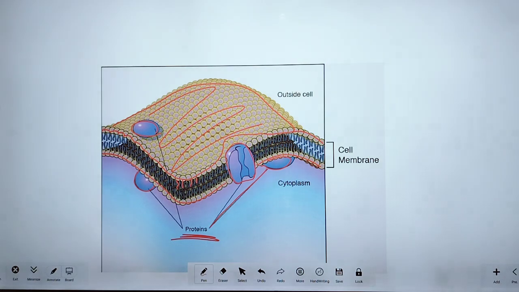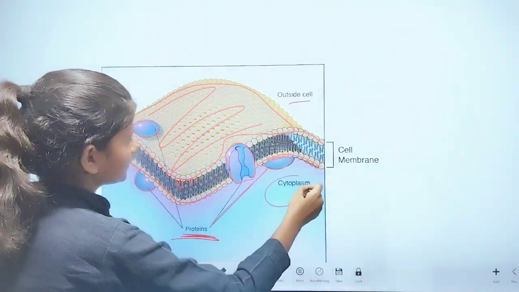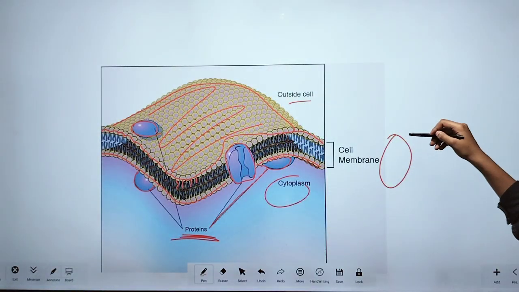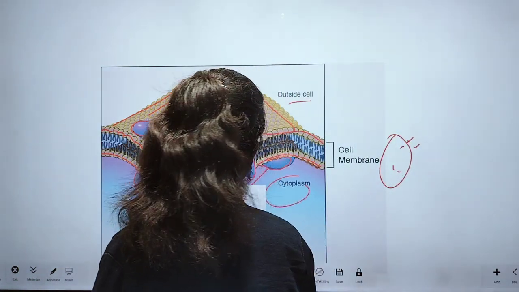This is the outside of the cell, and this layer is known as the cell membrane, the plasma membrane.